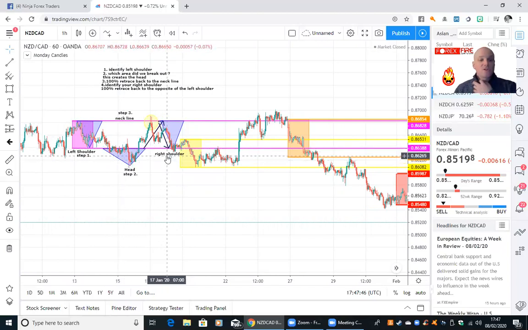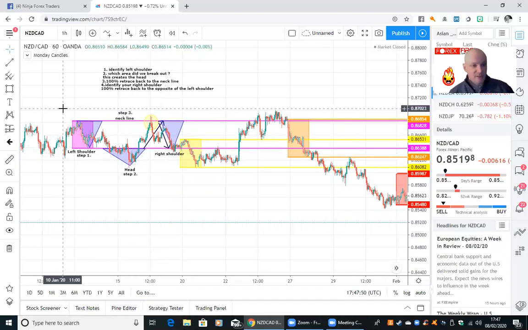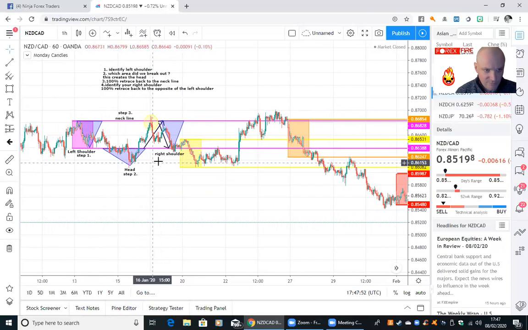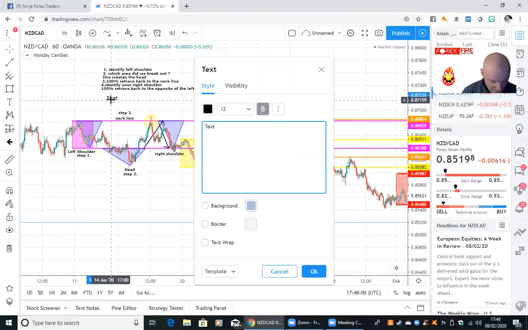What we've then got to wait for, guys, okay, is another 100% retracement. Once we get that retracement, let's take a look. We'll go into the text. Number 5, 100% retrace back to the neckline.